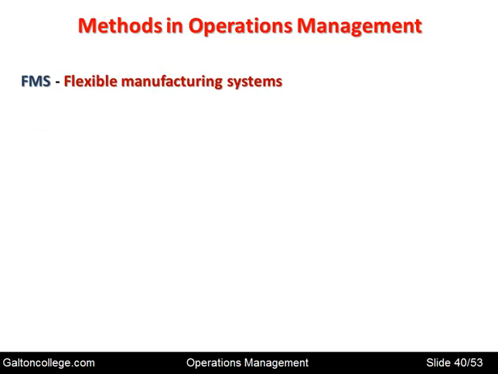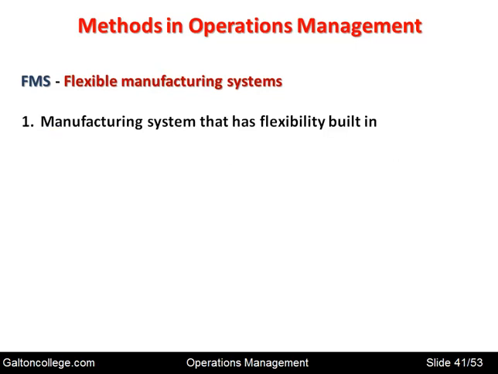Flexible manufacturing systems. Well, manufacturing systems that have flexibility built in. Flexible manufacturing systems could be ones in which machines can be turned over from one line of production to a different one very easily, and the workers have the skills to change over from making something to making something else.